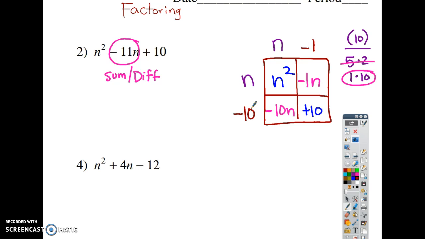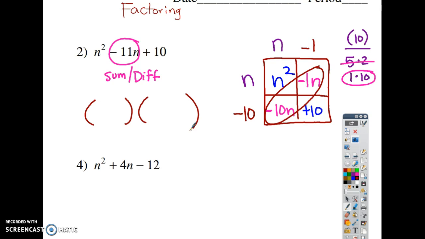So use the calculator. You need to multiply negative 10 times negative 1. Does it give you a positive 10? Yes. If it doesn't, that means you picked the wrong numbers and you need to start over. Okay? So everything worked. These two gave me negative 11.